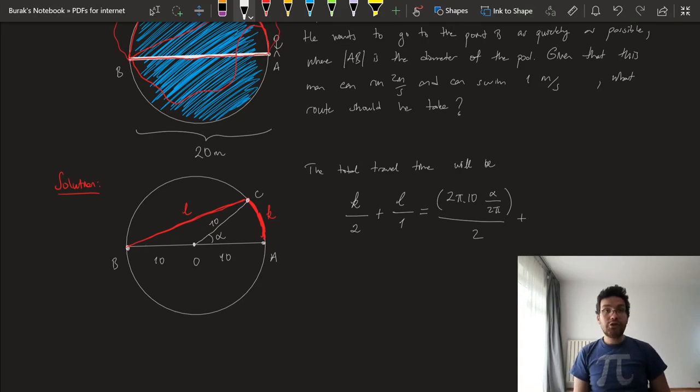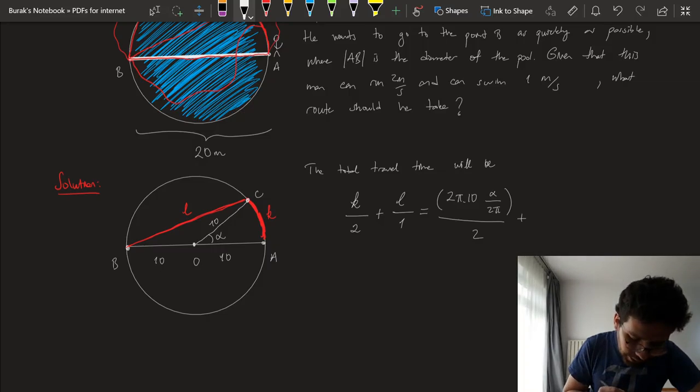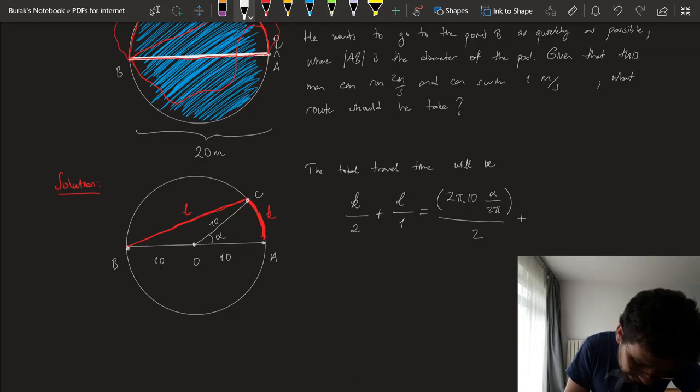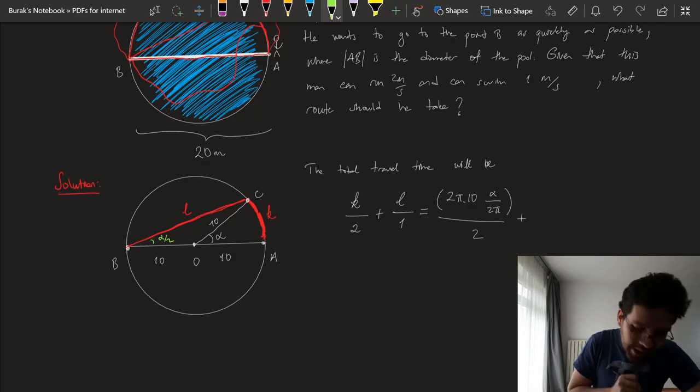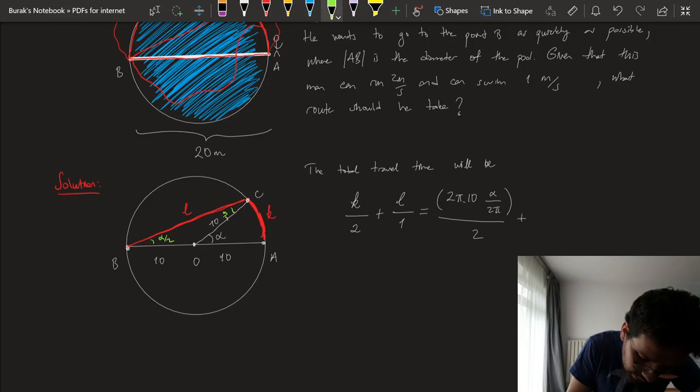Now for L, I have to do some geometric arguments in order to compute L. Because this is 10 and this is 10, this angle is alpha over 2, and so is this angle.